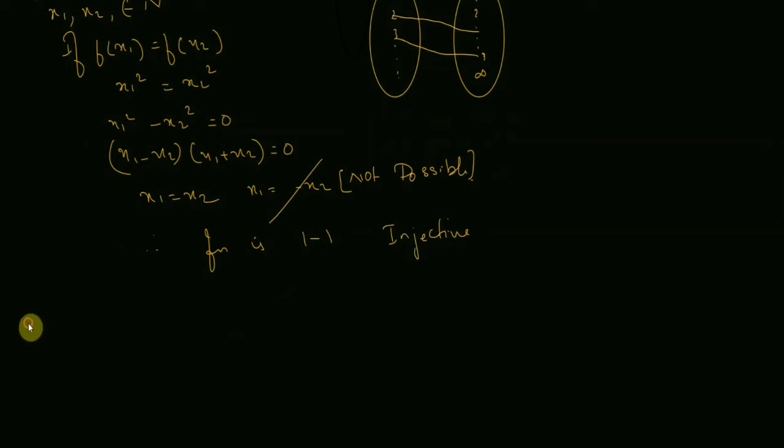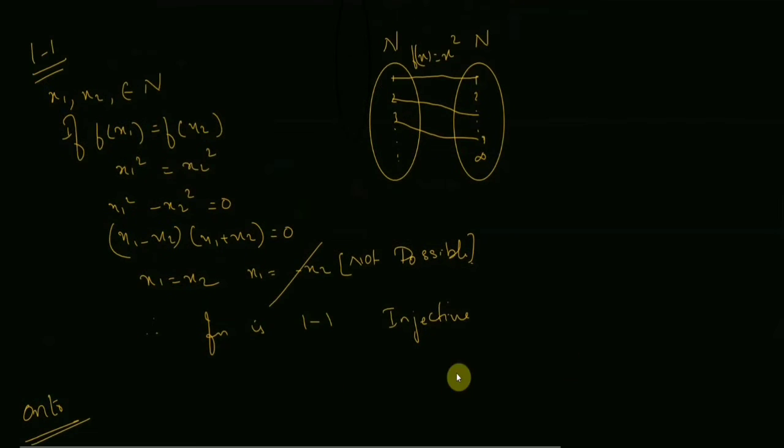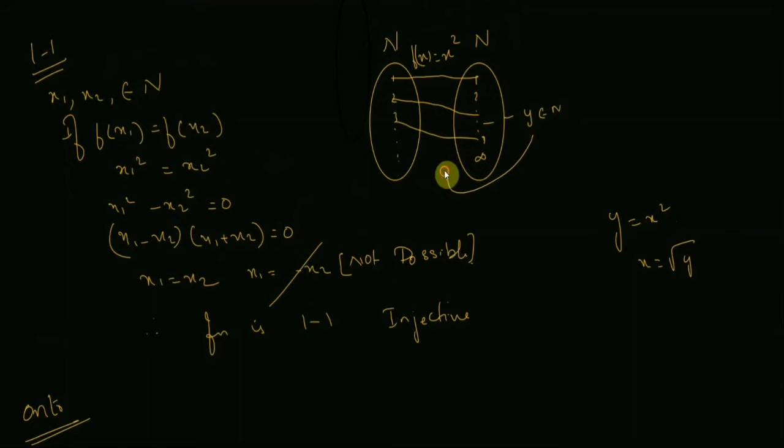Now we have to prove if it is onto. The function is y = x², which means x is root of y. So for every y in N, if we take a y in N, can you find x, that is root y, in N in the domain?